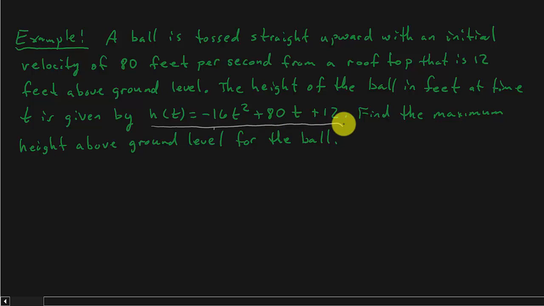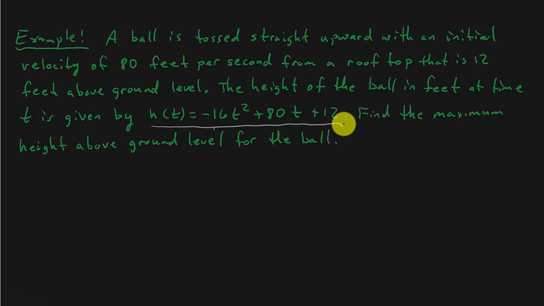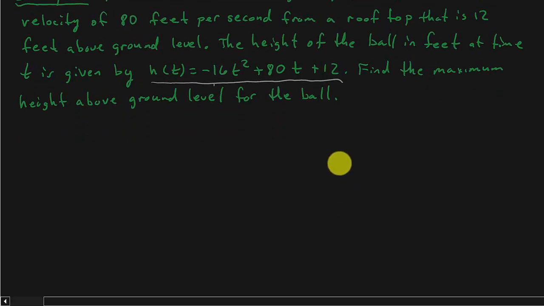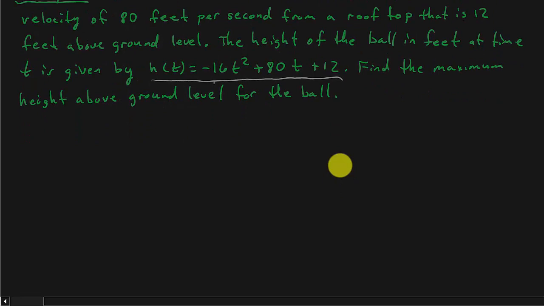H of t is negative 16t squared plus 80t plus 12. Find the maximum height above ground level for the ball. Okay? All right, so I think we can do that. So let's just think about this for a minute. I want to know the maximum height of the ball.